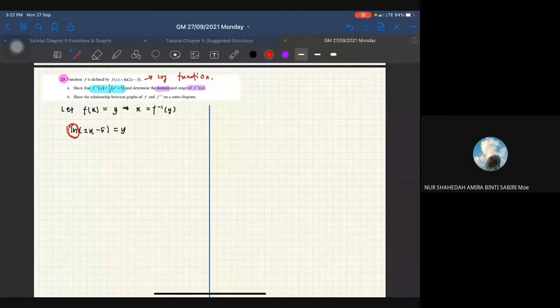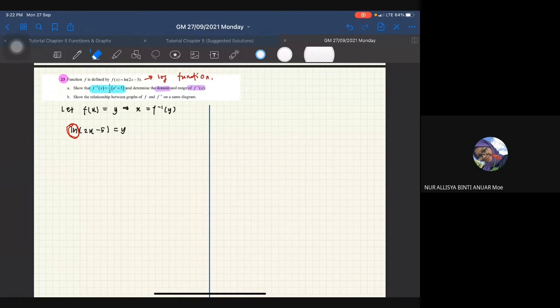Sahrul? Macam nak hilangkan ln kat depan tu? Kalau ln both sides, dia akan jadi ln lagi. Dia tak hilang pun ln tu. Log base E. Ln adalah log base E. Lagi cara lain.